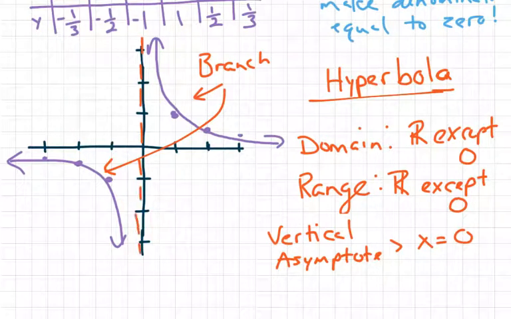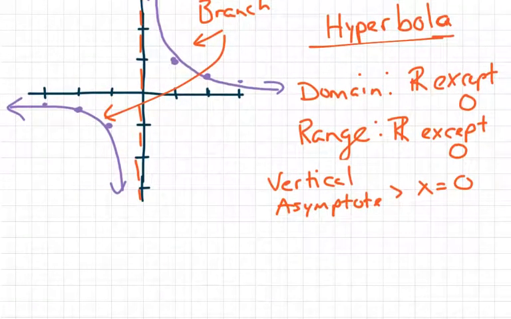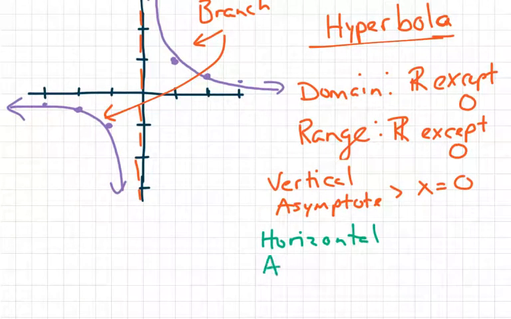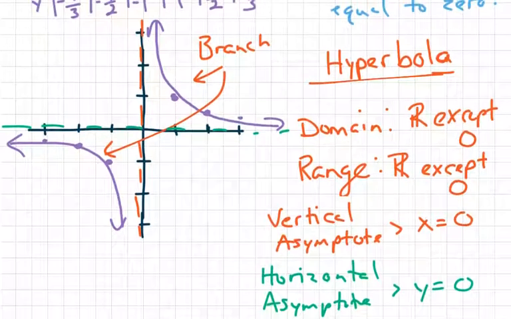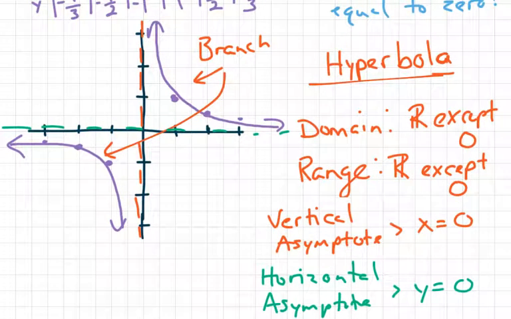Okay, and then you're also going to have a horizontal asymptote, I'll write this in green, that is the line y equals 0, and that is this one right here in green, okay? So you actually have two asymptotes in the rational function. You're going to have a vertical one, you're going to have a horizontal one. With the parent function, it's x equals 0 and y equals 0.